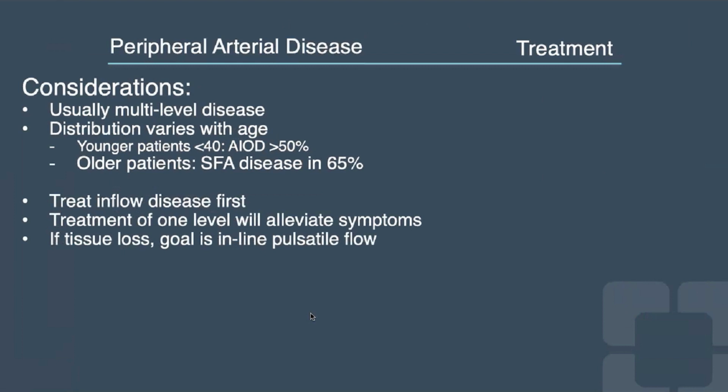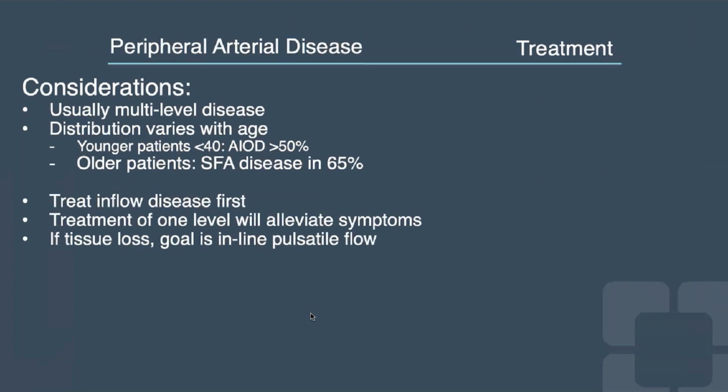In these patients with multi-level disease, you've got to treat the inflow first. So if this patient had iliac disease and SFA disease and tibial disease, and they had rest pain or lifestyle-limiting claudication, sometimes just treating the iliac disease or femoral disease as the inflow will alleviate their symptoms completely.